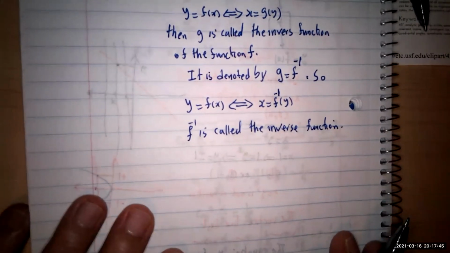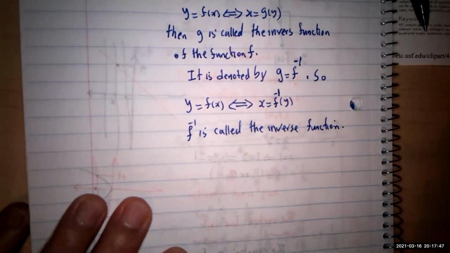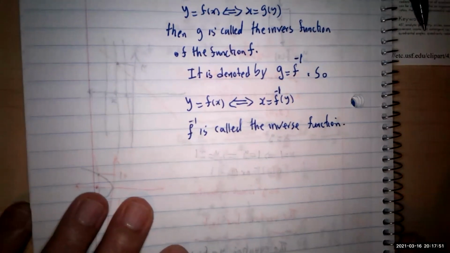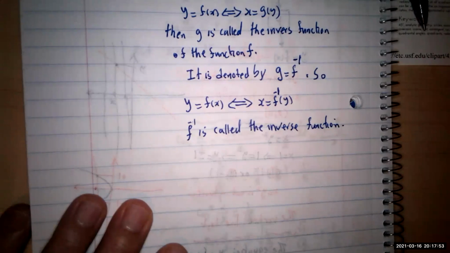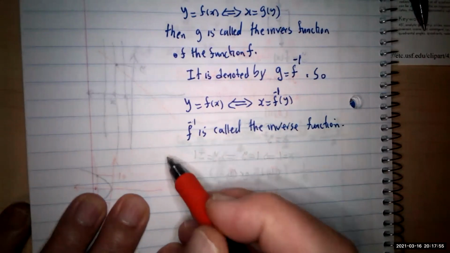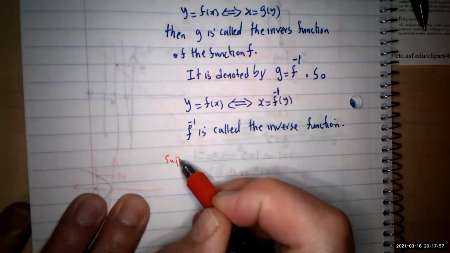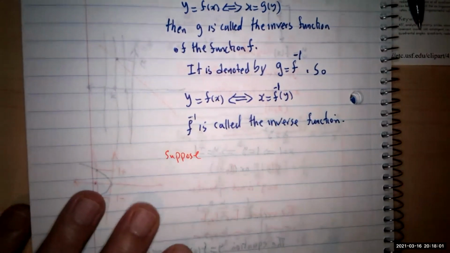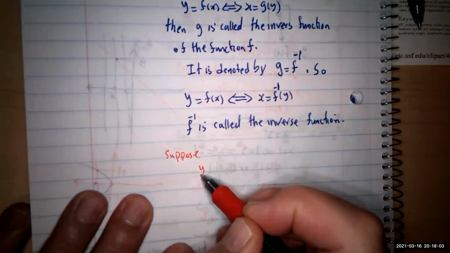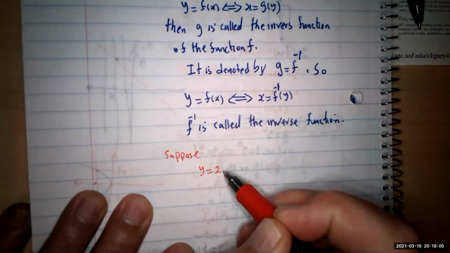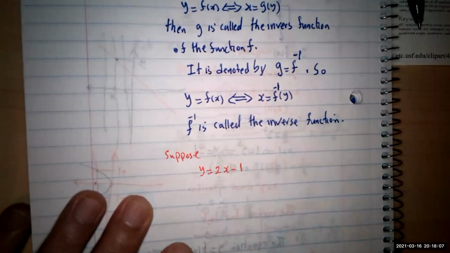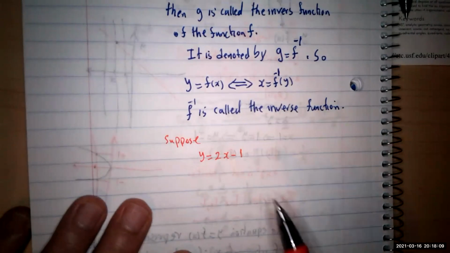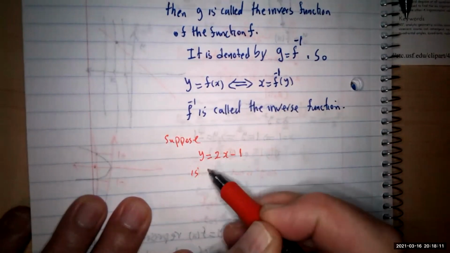Let me give one easy example because we are not going to be staying in algebra. We go to the trig functions and we have only one inverse function. It's nice to know it. Suppose your function is y equal to 2x minus 1, a given function.